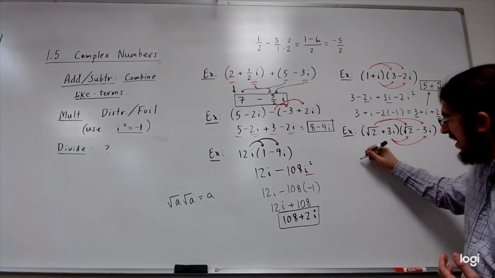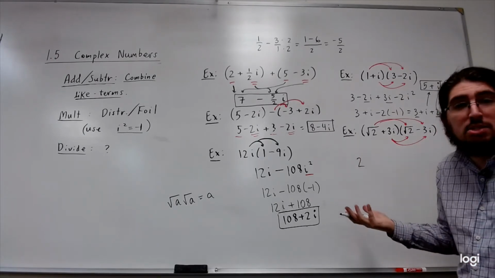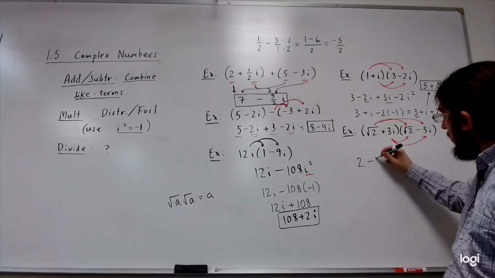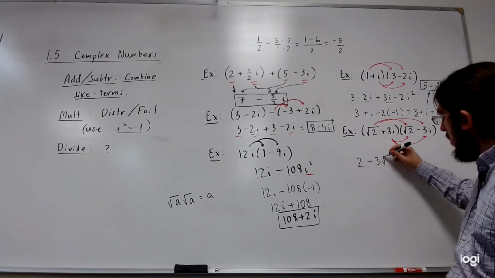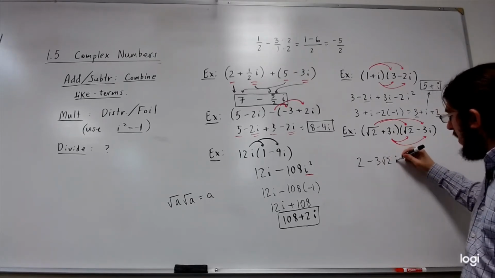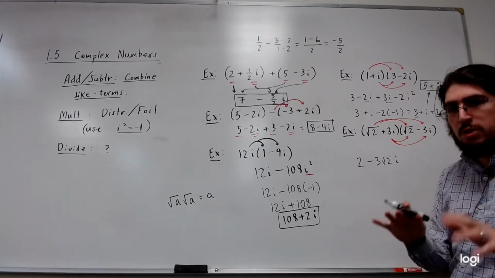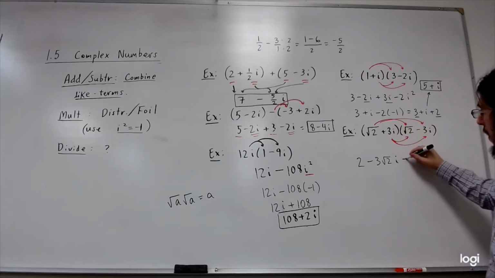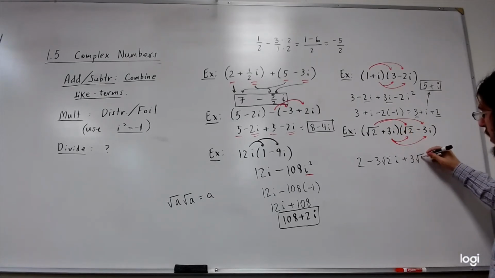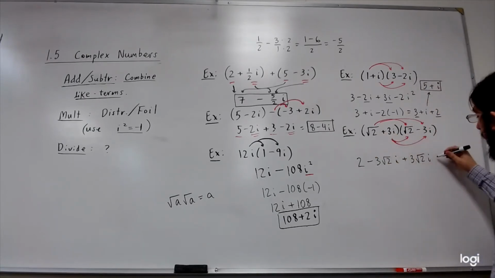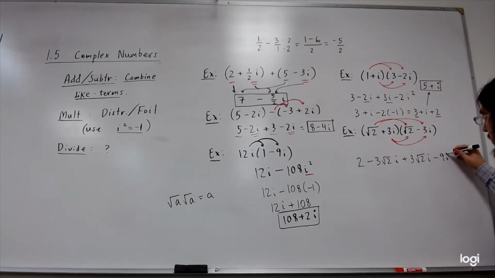So instead of writing it like that, I kind of lied to you. I'll just write it like this. It's just 2. Okay. Radical 2 times negative 3i is negative 3 radical 2 times i. So let me write it like that. I want to space things out so it doesn't look like the i's inside the radical, because it's not what we're trying to say. Here we get positive 3 radical 2 times i. And then finally, 3i times negative 3i is negative 9i squared.